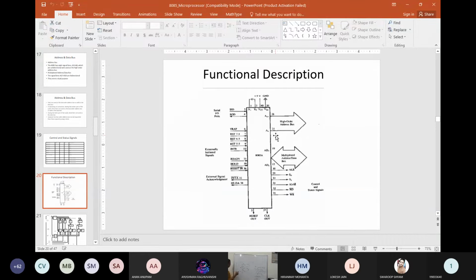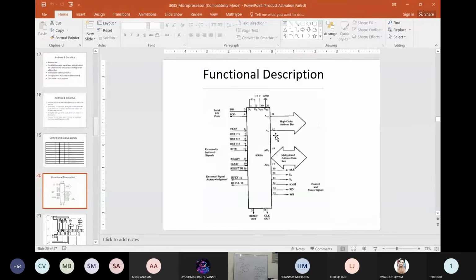These are the lower order lines, which are multiplexed: address lines and data lines are both multiplexed here, whereas here they are unidirectional address lines. These pins are dedicated to the two buses, the address bus and the data bus.